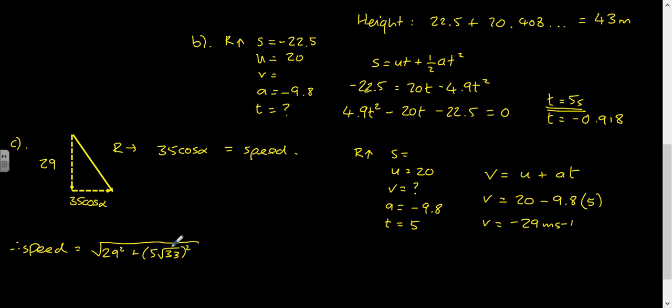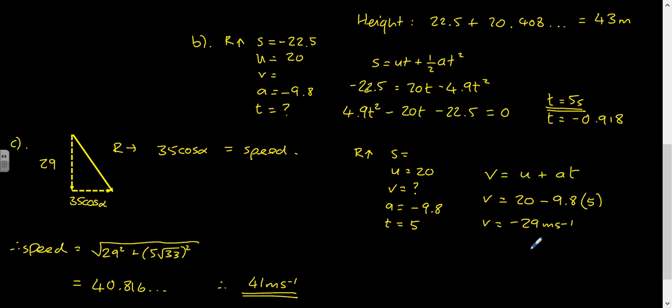Okay, that's our 35 cos alpha. And we get the speed then, which comes out as 40.816 dot dot dot, and to two significant figures, therefore we've got 41 meters per second.